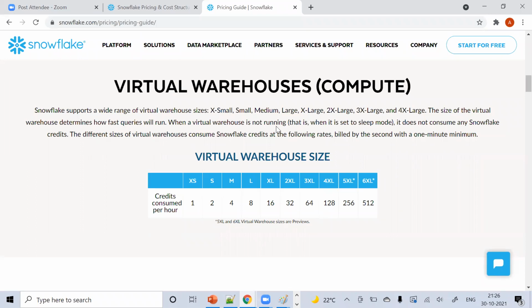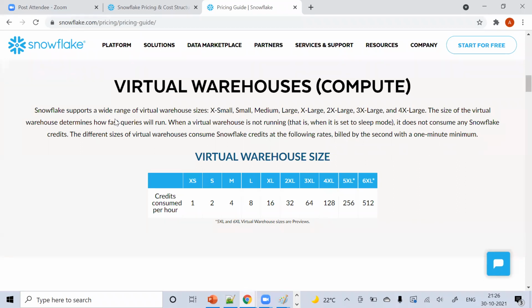Yes, Abdul. Okay, so I wanted to show you the data transfer chart actually. I'll read this out for you guys. Snowflake supports a wide range of virtual warehouse sizes. We already know all this. The size of the virtual warehouse determines how fast queries will run. So you just asked me when to increase the size and when to increase the clusters.